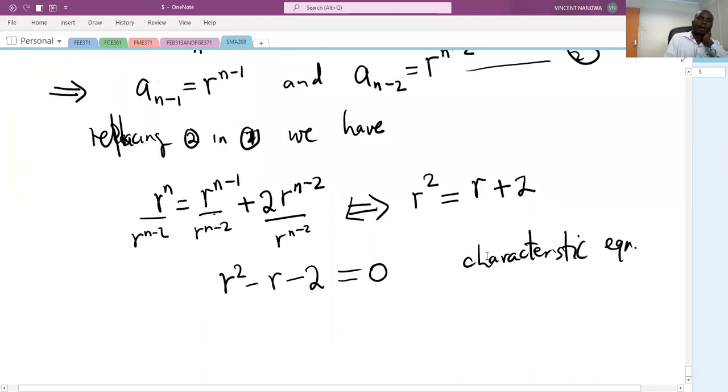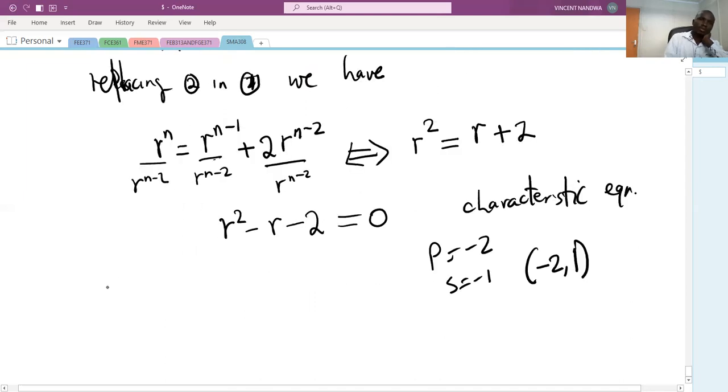So let's see whether we can factorize this one. Product is minus 2, sum is minus 1. So the numbers should be negative 2 and 1. So this quadratic will be r squared minus 2r plus r minus 2 equals 0.